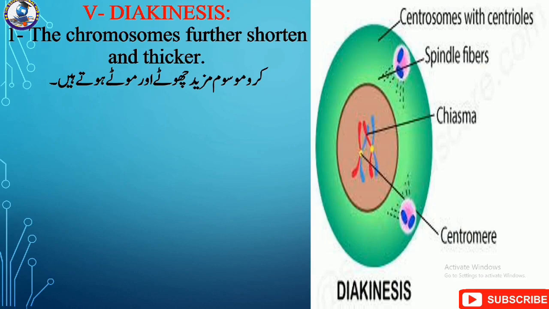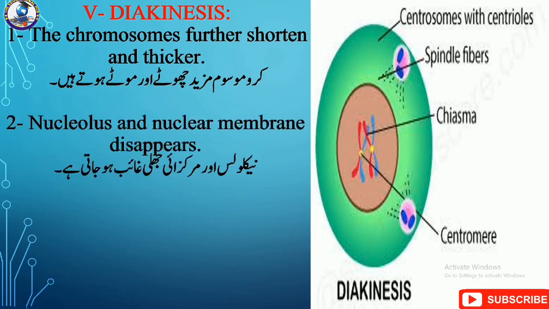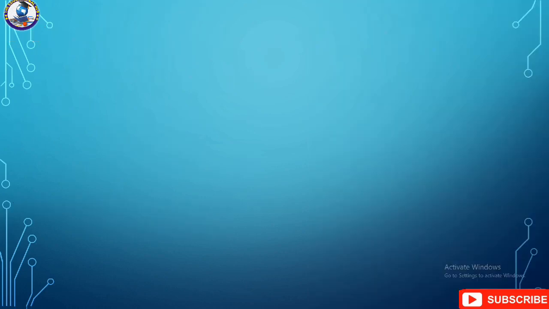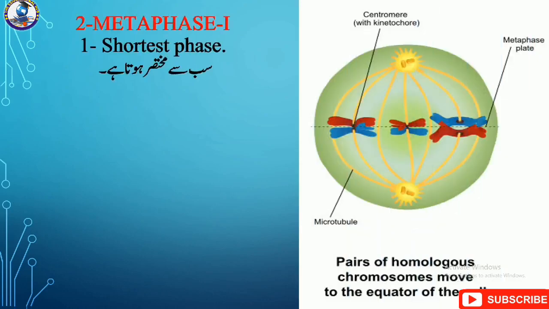In diakinesis, the chromosomes become further shortened and thicker. The nucleolus and nuclear membrane disappear. Spindle fibers are also formed. So that was our prophase 1.